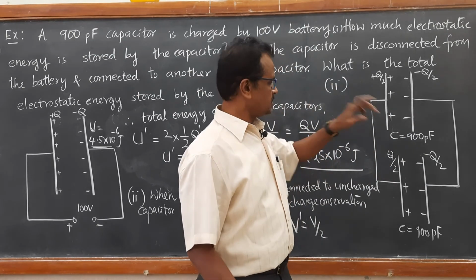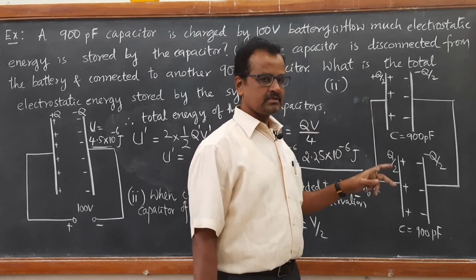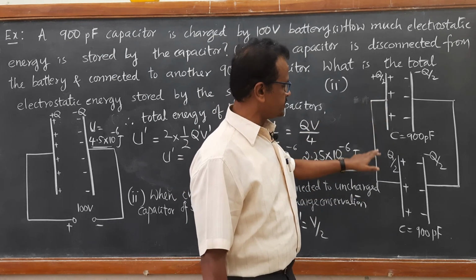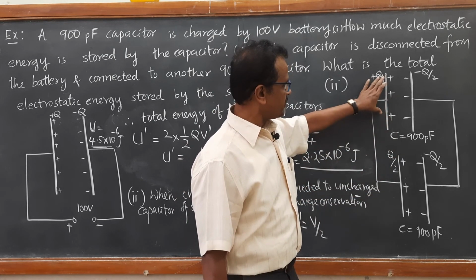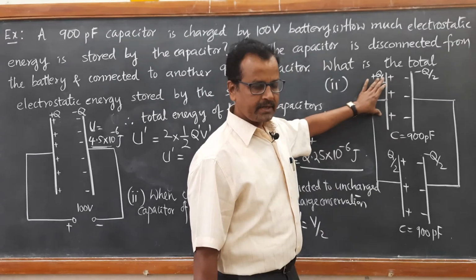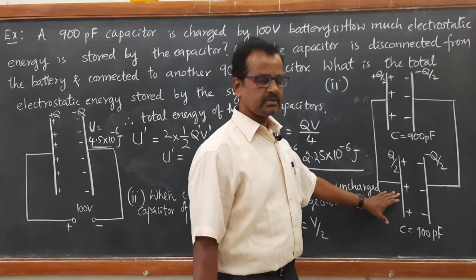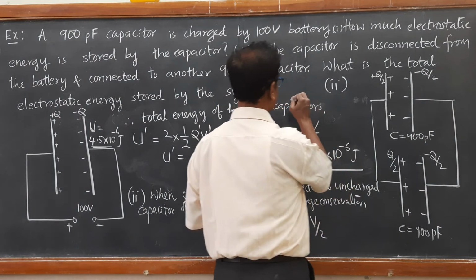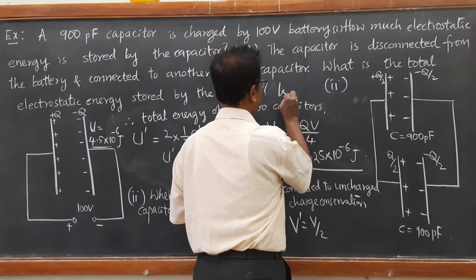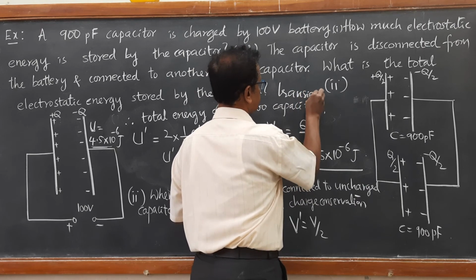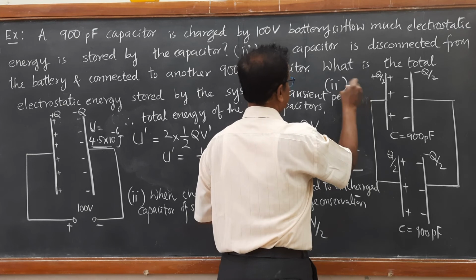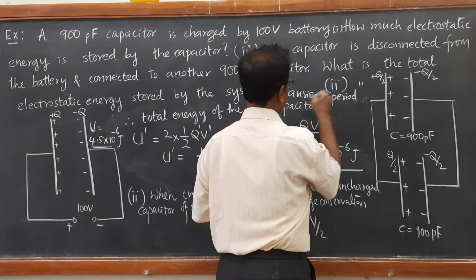What happens during the flow of charges? That is the interesting thing. The time duration for which the charges flow from the fully charged capacitor to the uncharged capacitor is called the transient period. Remember, this is called the transient period, and it is a very short duration.